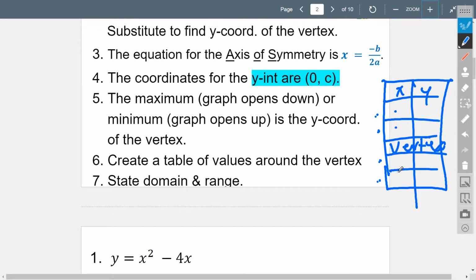And we did that just by plugging in each x coordinate. Just like the absolute value functions, these two have the same y coordinate, and these two have the same y coordinate because of the fact that it's symmetrical.